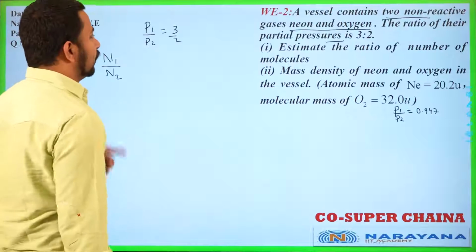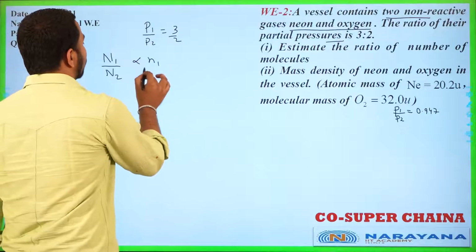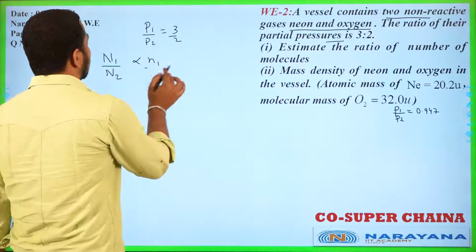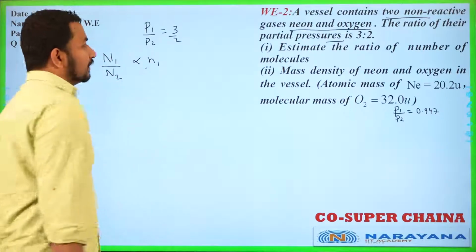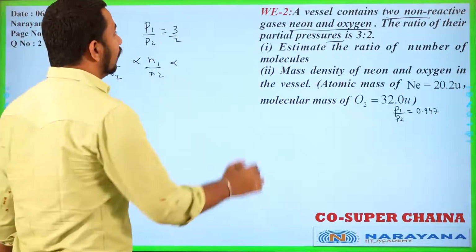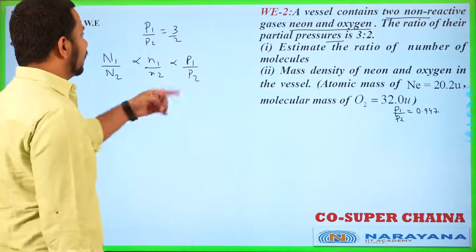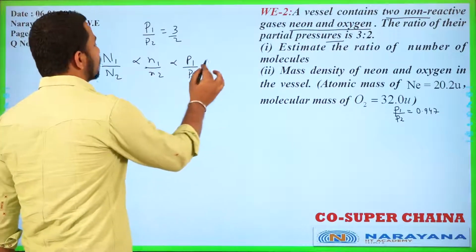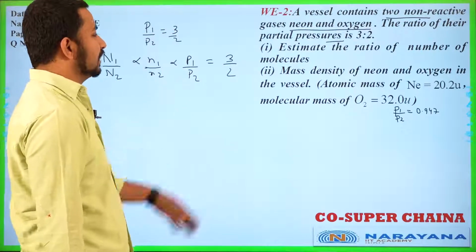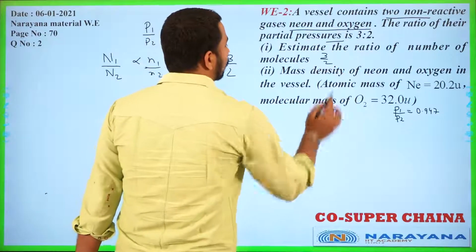The number of gas molecules will depend upon the number of moles n1 and n2, which depend upon the value of P1 and P2. So the ratio of number of gas molecules will be same as that of the pressure, because all other parameters will be same. The answer of this question will be 3 by 2.